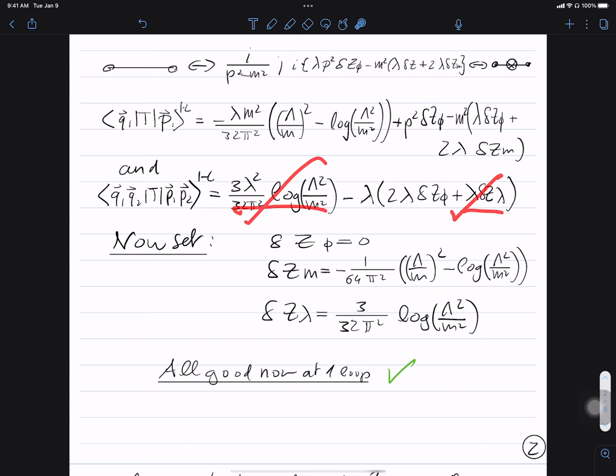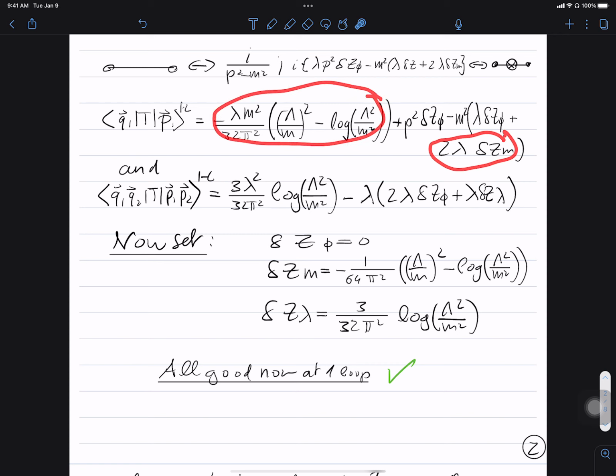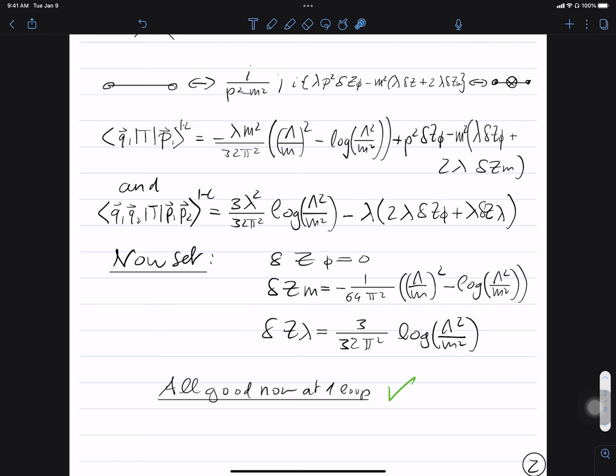In this expression this is 0, but the contribution from here will cancel the contribution from there. So this is set up in such a way that we have exactly no divergence. All the divergent parts are dropping out of those diagrams, and we are good at one loop.